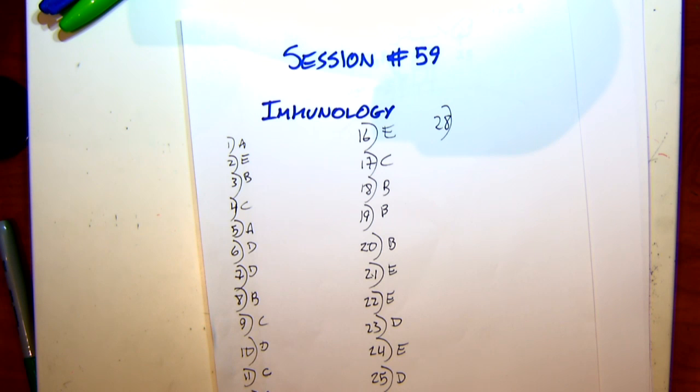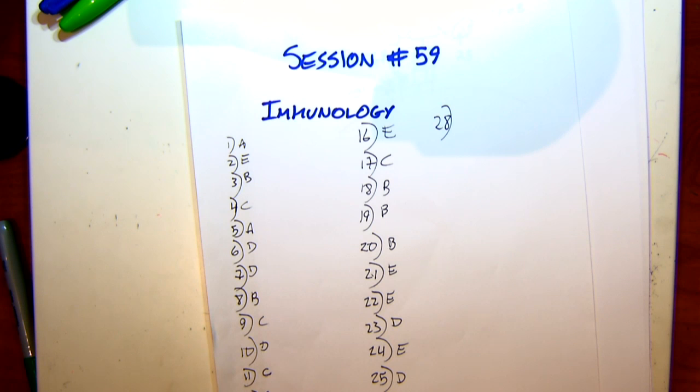And then you have to choose between AID and TDT. Which one's involved in somatic recombination, in making your BCRs? TDT, right? Remember, AID is only involved in somatic hypermutation, not somatic recombination. So the answer is going to be B.